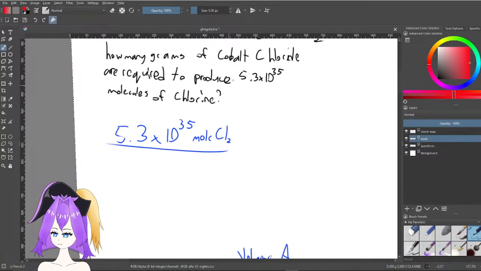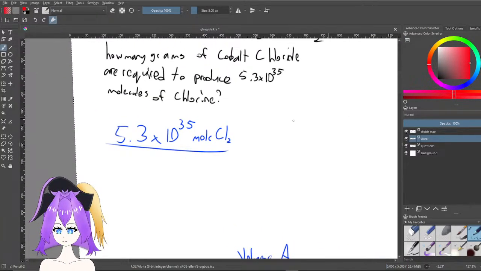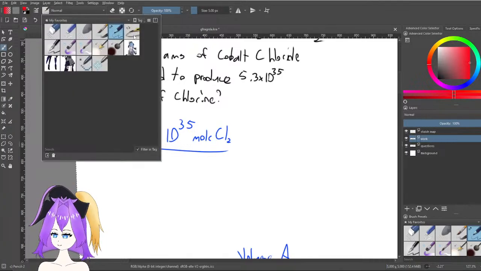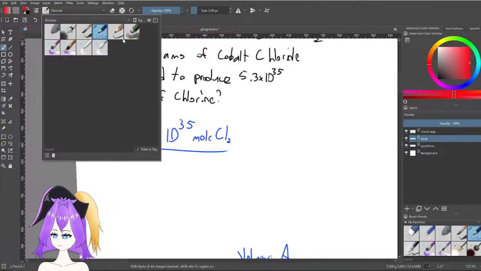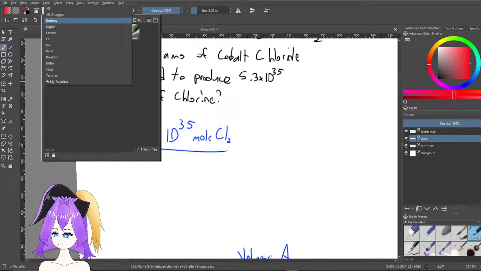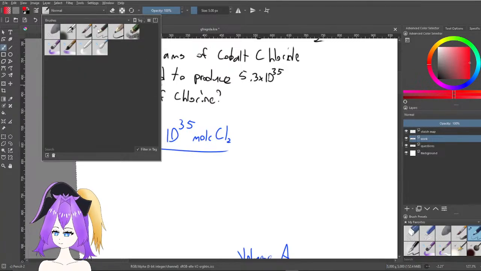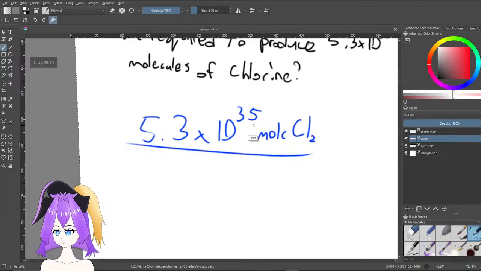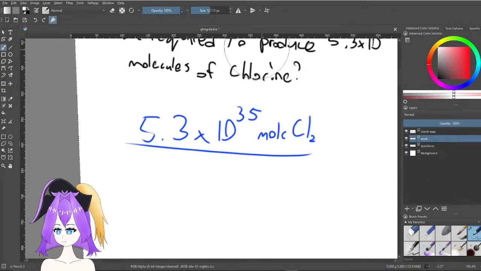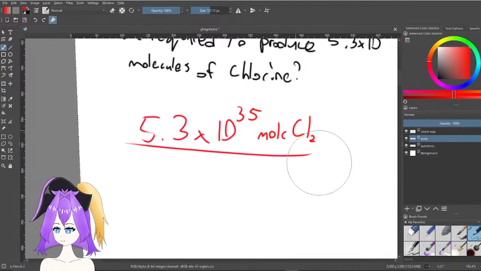Let's make this all red, actually. Brushes. We could go for brighter red.